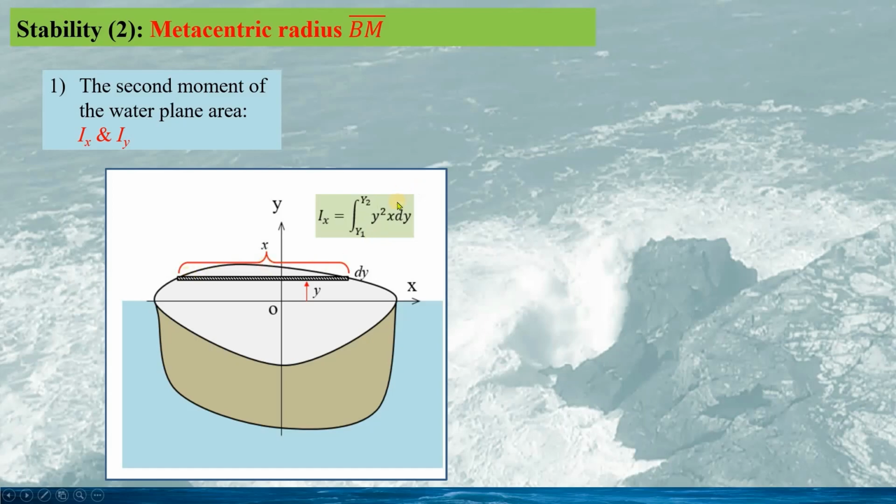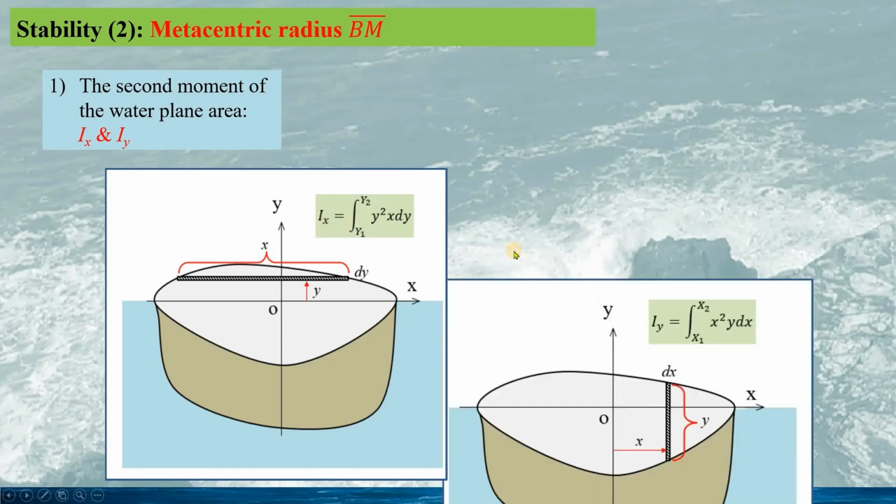Here, x times dy is the area of the small area. So its second moment about the x-axis is the y squared times x times dy. So put all this together, we got the second moment of the water plane area, Ix.